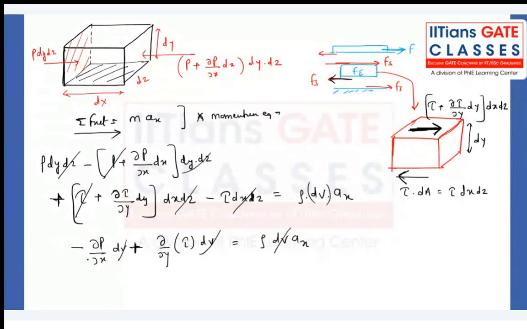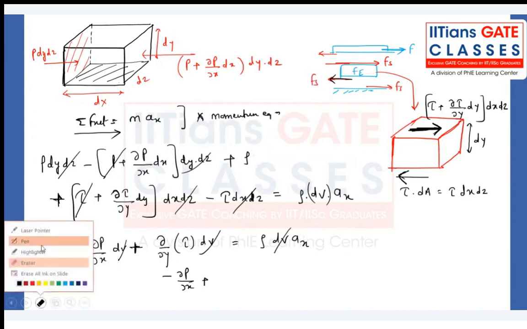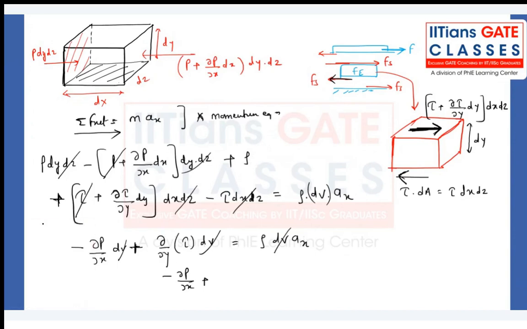So we can further write minus dou p by dou x plus, now assume some body force also in the x direction. What is the body force? Because we have already considered only the pressure force and the shear force, not the body force.